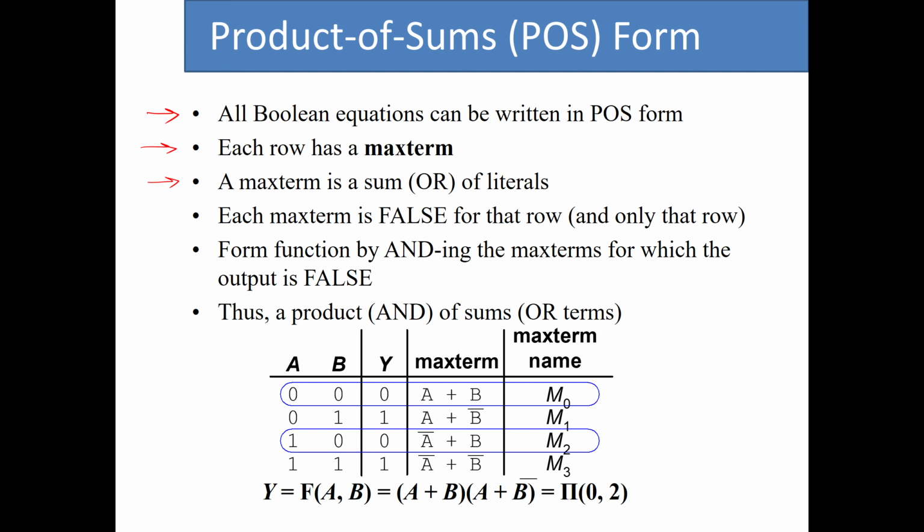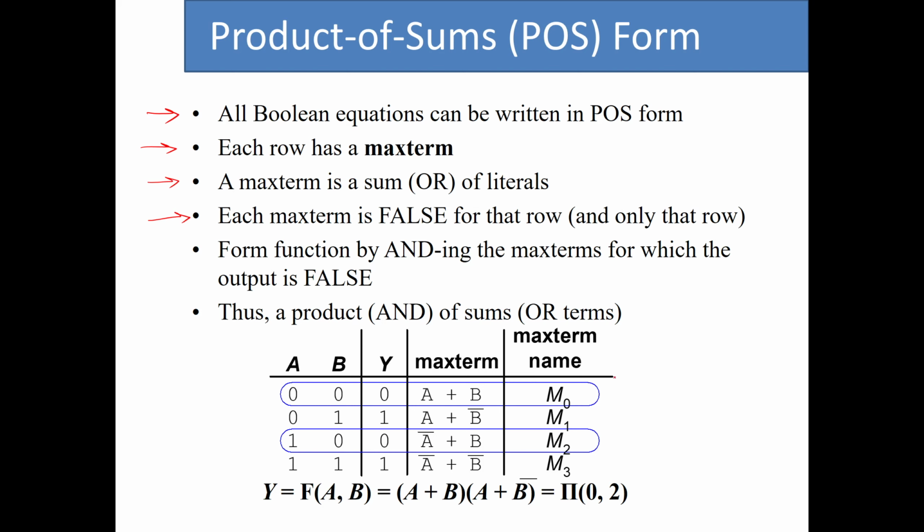One thing that is different for maxterms as opposed to minterms is that the minterm was true only for that specific row. For maxterms, the maxterm is false for that specific row. It is true anywhere else.